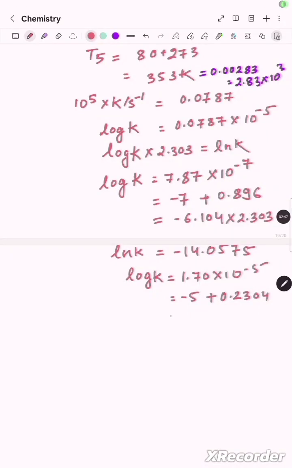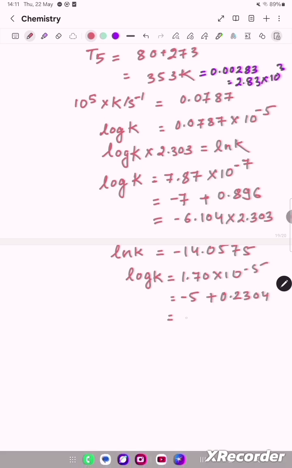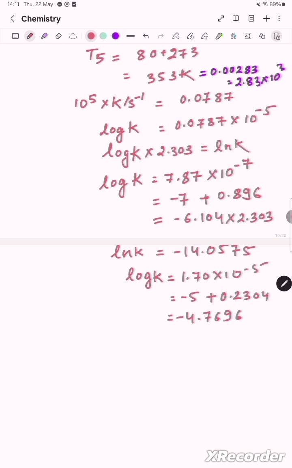Now this will become minus 4.7696. This is the log value. Now again we multiply by 2.303, that will become equal to minus 10.98. Similarly we calculate all these log k values.